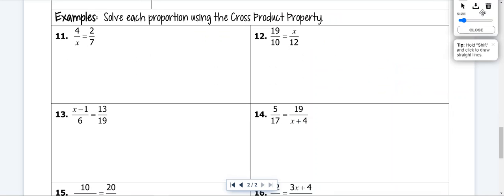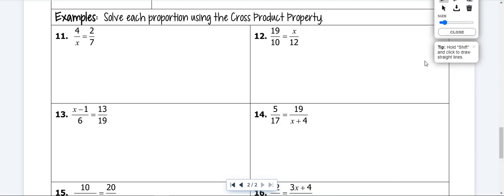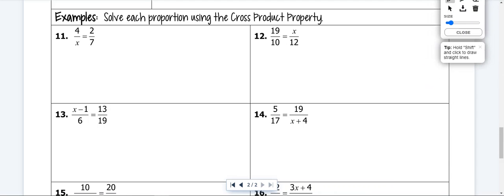If we're going to cross multiply to solve for number 11, which is a very straightforward question, we're going to multiply diagonally. So we have 2 times x, and then we're going to set that equal to our other diagonal multiplication of 4 times 7, which is 28.